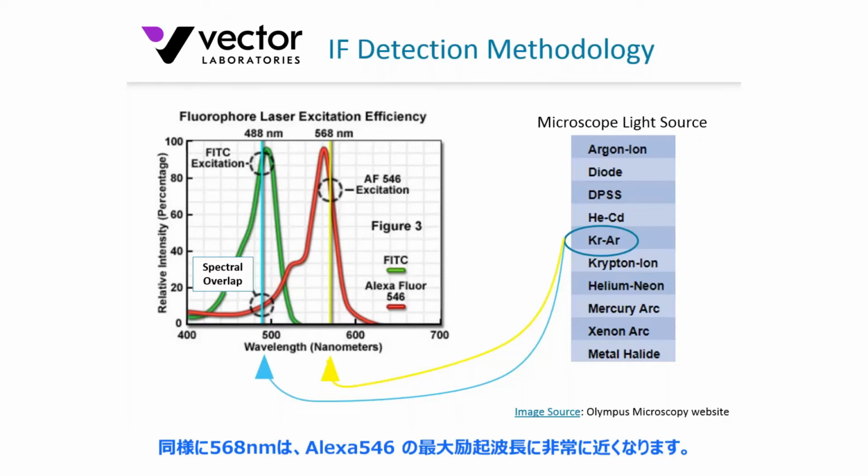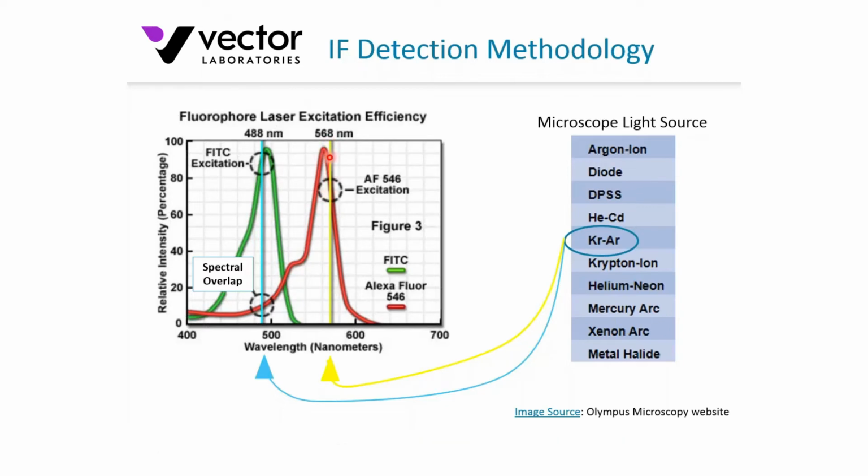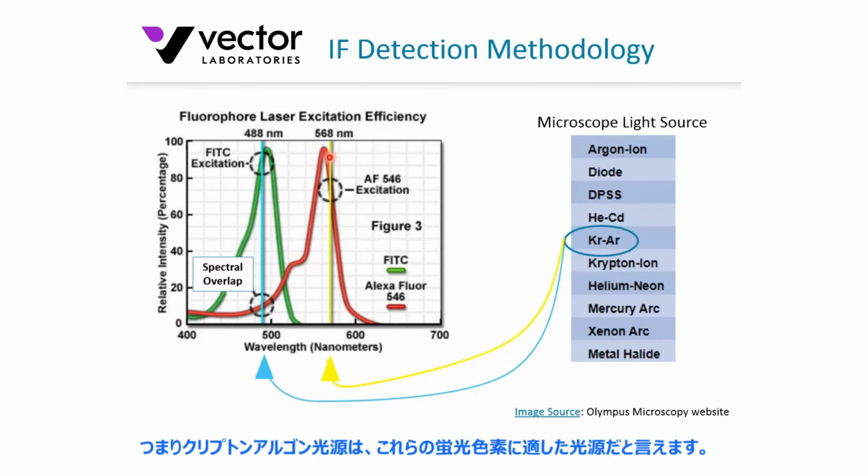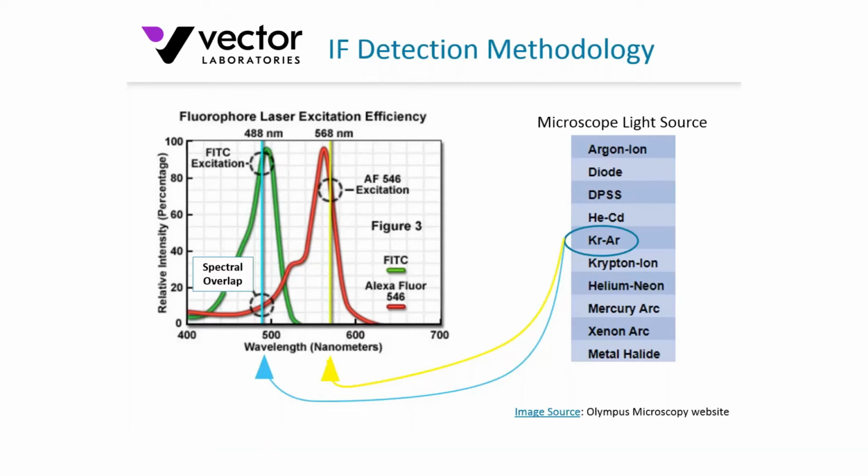Similarly, at the 568 nanometer range, it's very close to the peak of the Alexa 546 fluorophore. So a krypton-argon light source would be a good choice for using either one of these given fluorophores. That will give you maximum signal or very close to maximal signal that you'll observe under the microscope.